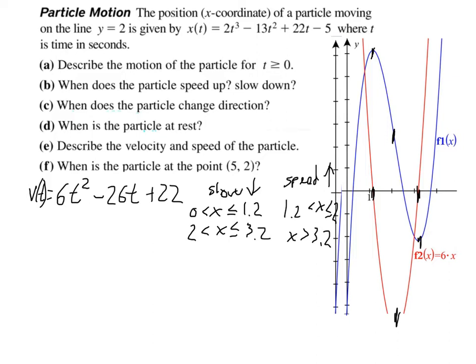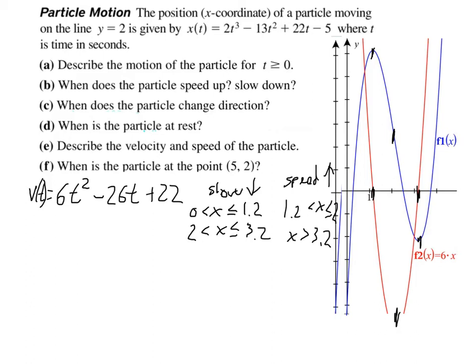When does the particle change direction? Again, if we follow this, let's say we were kind of in the middle. The particle is at our left right now because it's negative and it's getting closer and closer to us, but then it's going further and further away. It hasn't changed direction at all until it hits this point, which is when the velocity changes from positive to negative. That makes sense because the velocity is talking about the direction that it's going.